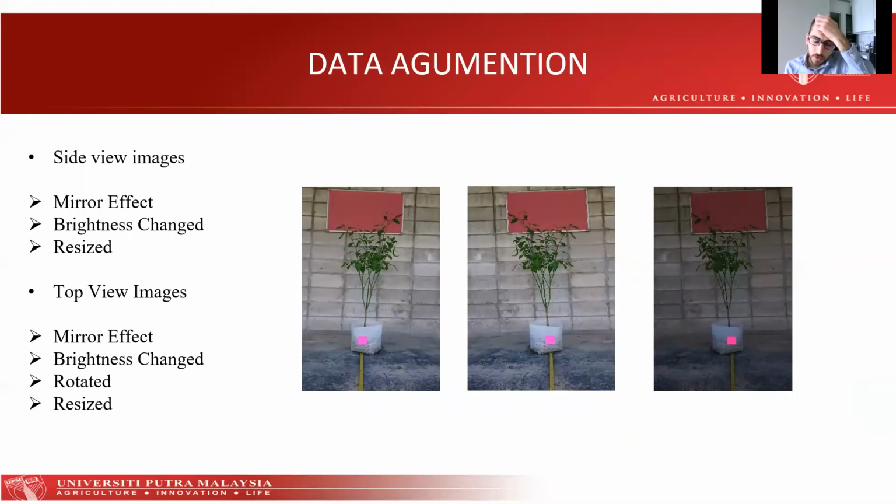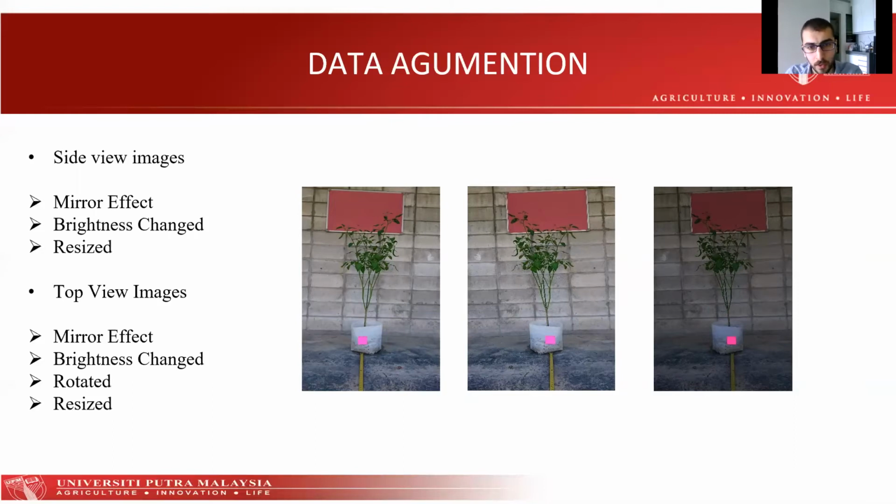For data augmentation, to get as many images as possible for training and testing of the models, we applied some effects for side view images. We applied a mirror effect.